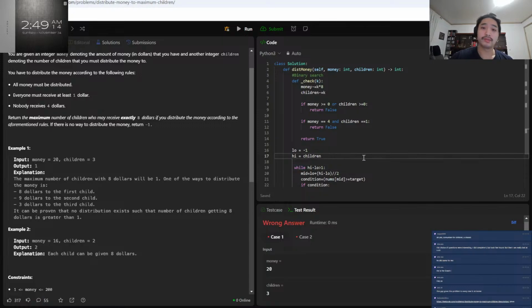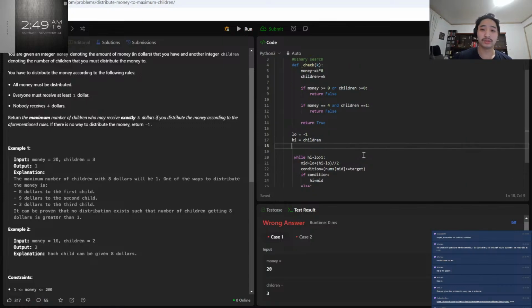I'm gonna write it myself, but still, while high minus low is more than 1, mid would be equal to, I probably can just type high plus low divided by 2.